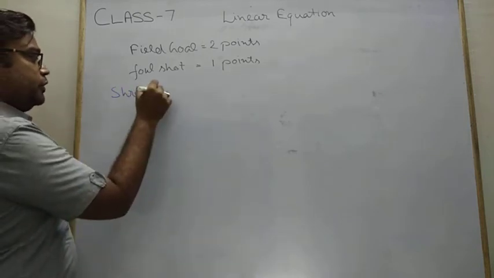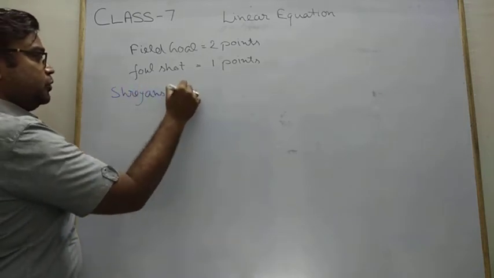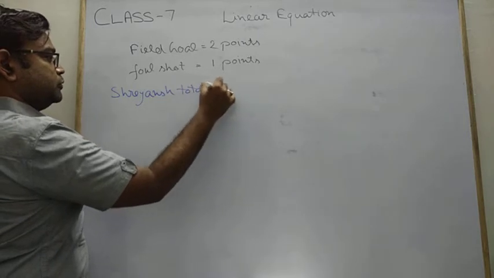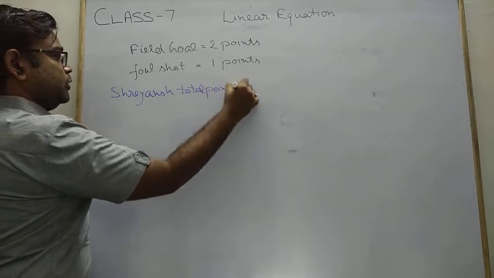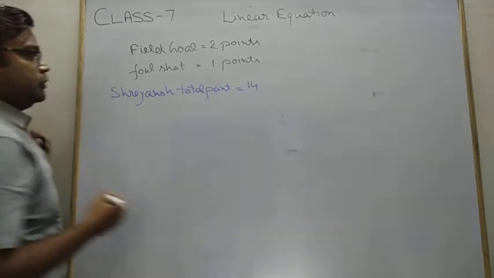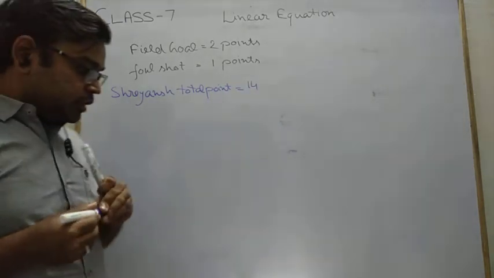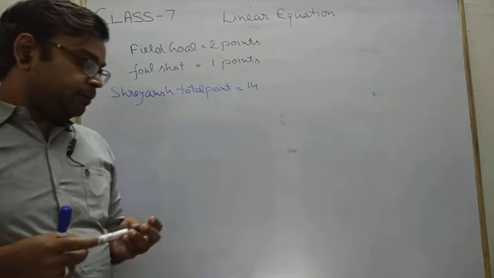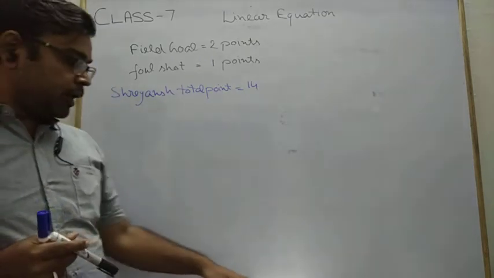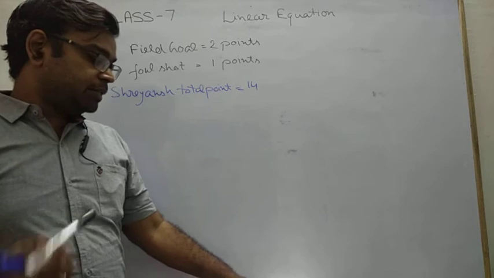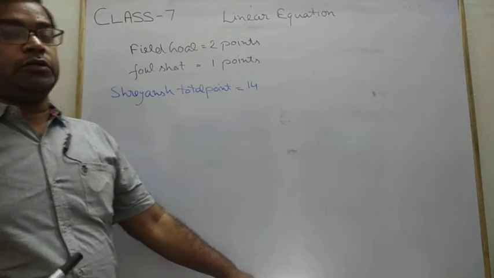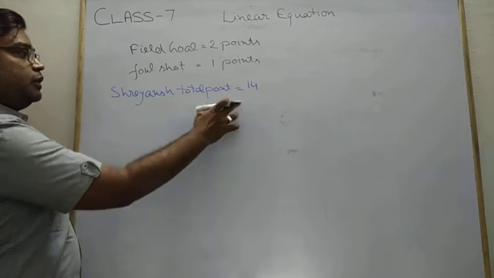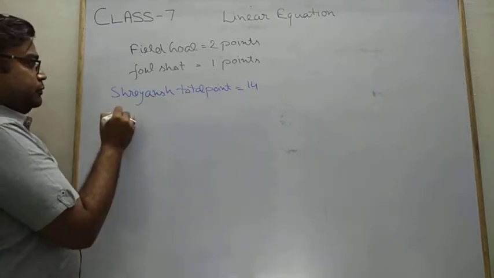It is also given that Shreyans' total points equal 14. Shreyans scored 14 points in that game. He made 3 times as many field goals as foul shots. This is the condition part.